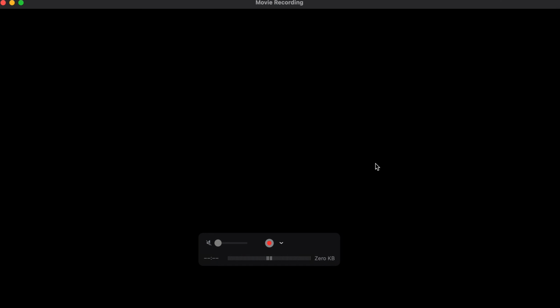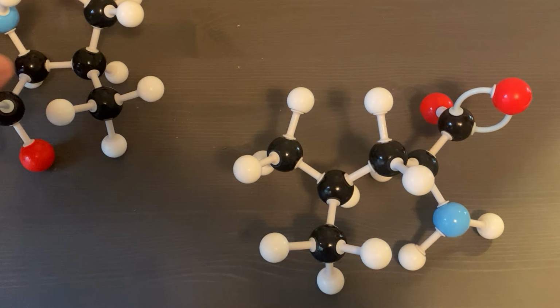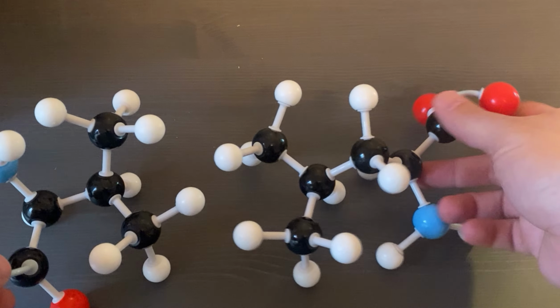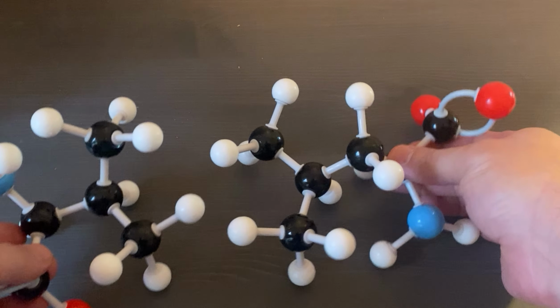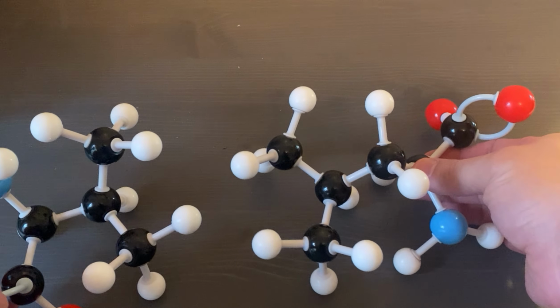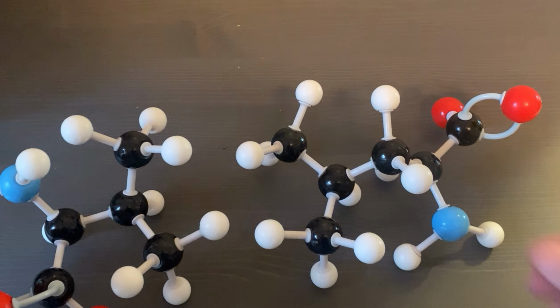So just for fun, I decided to get out my molecule kit from organic chemistry. I think I could show a little better what's going on and why I chose what I chose to replace leucine. So here on the right, this is leucine, and then on the left I have valine, which is my choice to replace it.